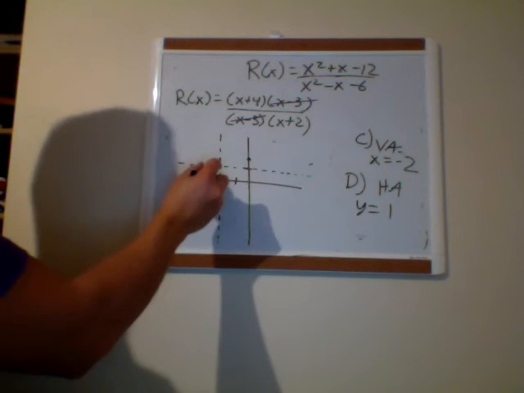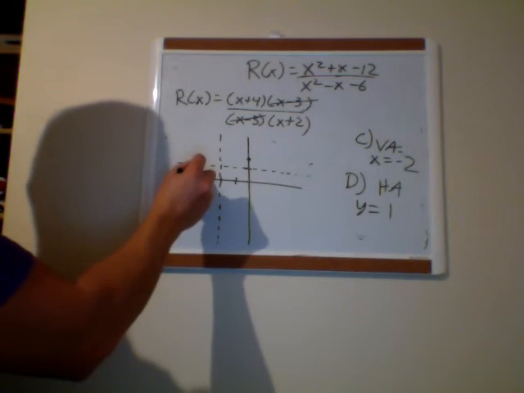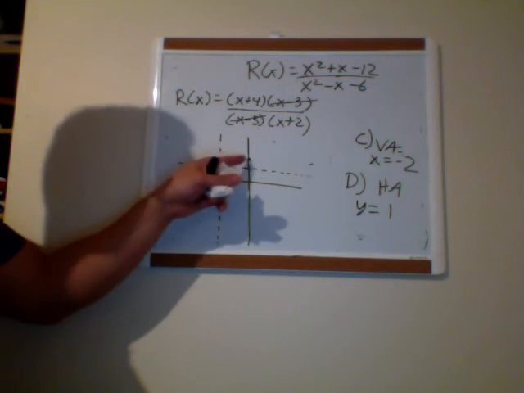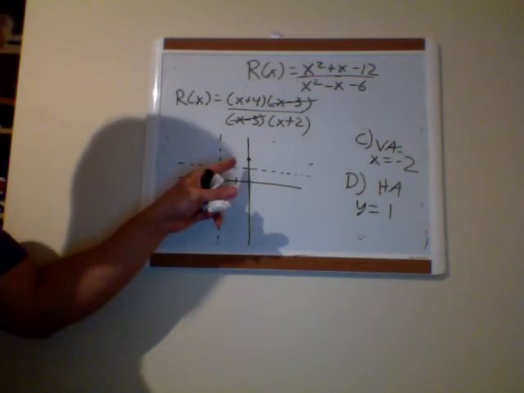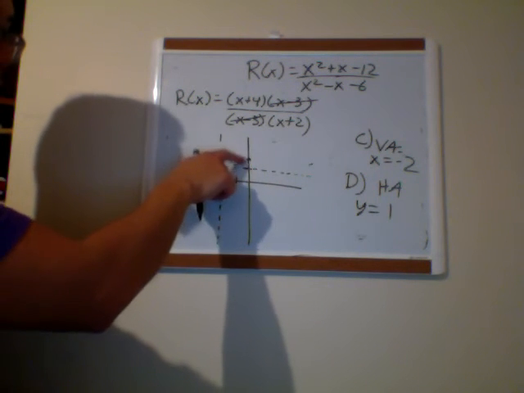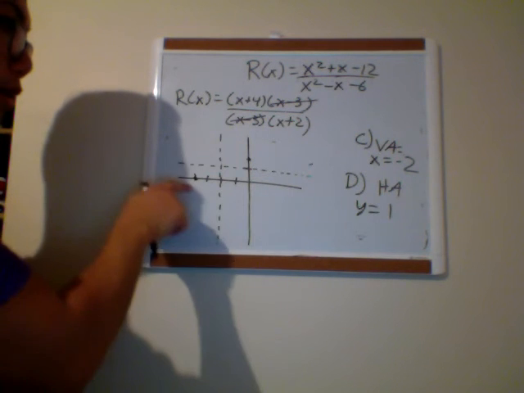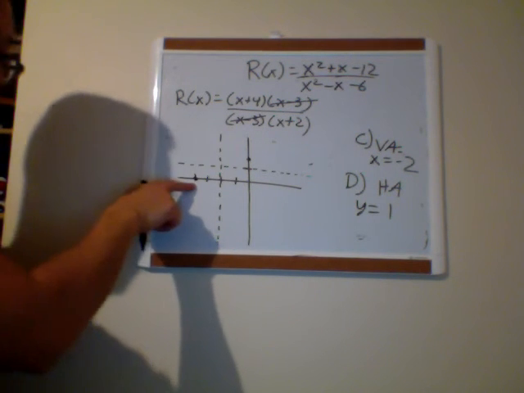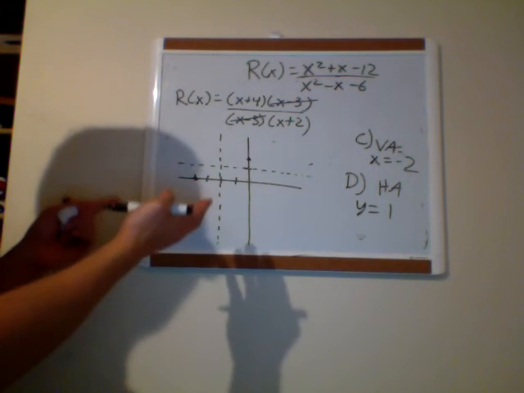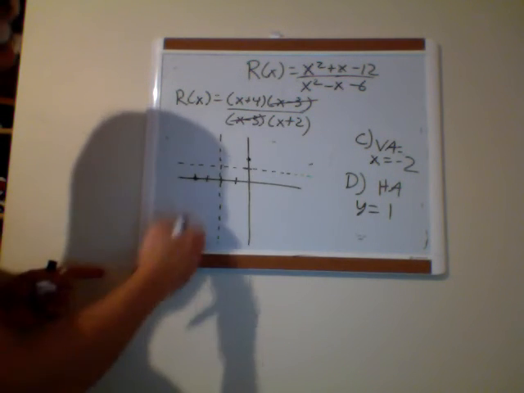And I know my x-intercept is -4. So even just looking at the values here, I know that since I cross the axis here, I'm going to be in the positive section, and if I cross the x-axis here, I'm going to be in the negative. So this one tells you right away that it's going to look like this.